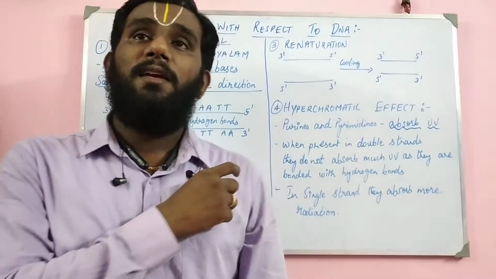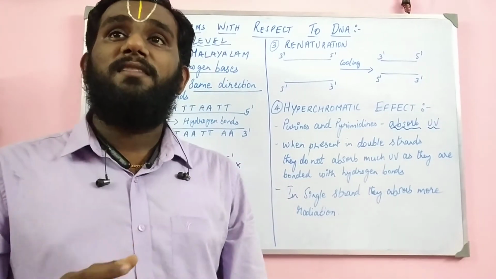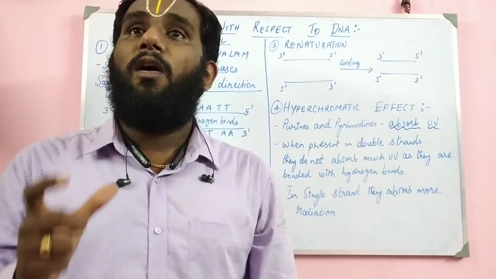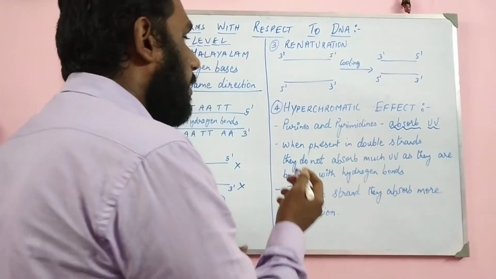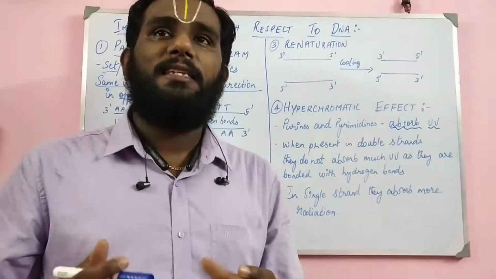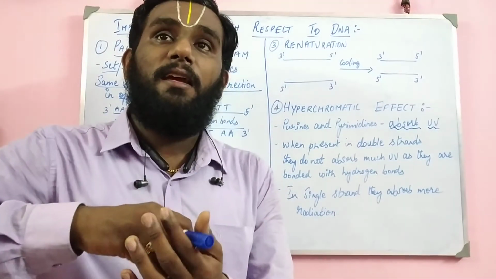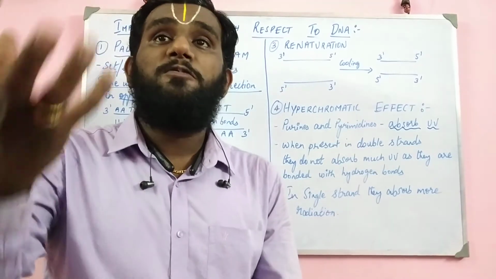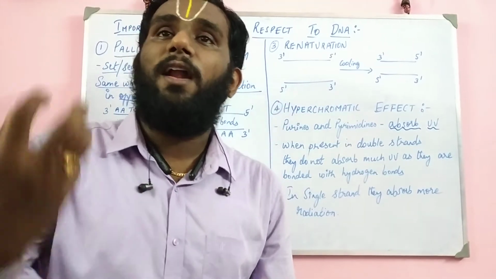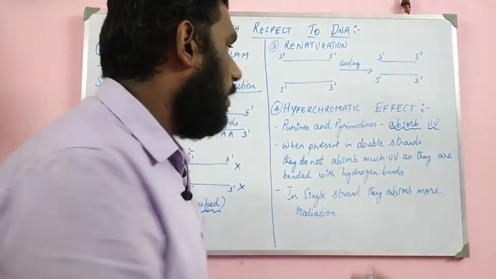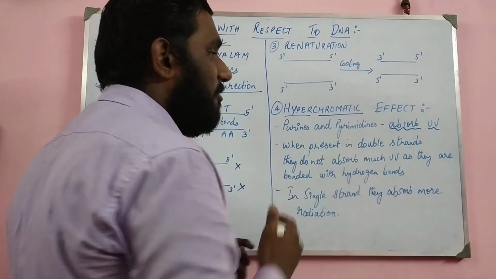Using this property, we can define the absorption spectrum of a particular DNA. What do I mean by that? How effective is the DNA, or the substances that are present in DNA, in absorbing a particular wavelength of ultraviolet radiation? That is what is called the hyperchromatic effect.